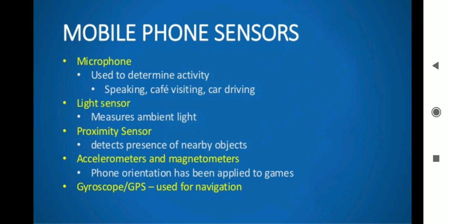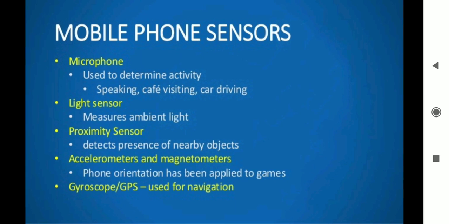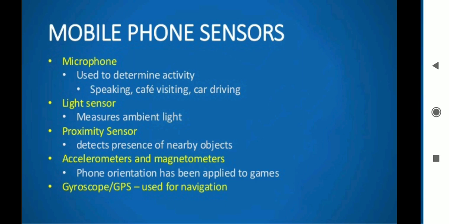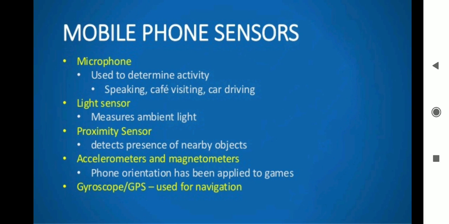For example, you can use your phone's gravity sensor to control a moving ball or race car in games, shake to switch songs, flip to mute ringtones, and so on.